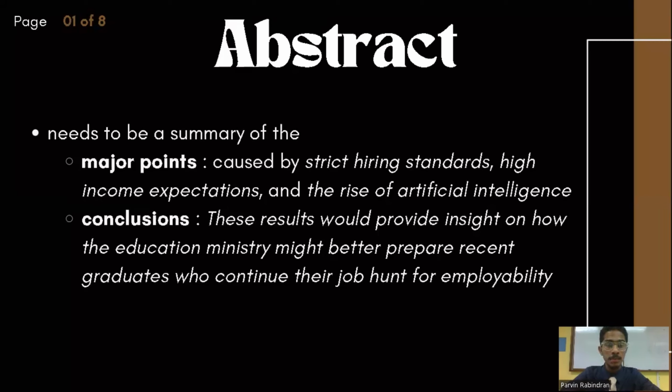The next element that we should include is conclusions. These results will provide insight on how the Education Ministry might better prepare recent graduates who continue their job hunt for employability.